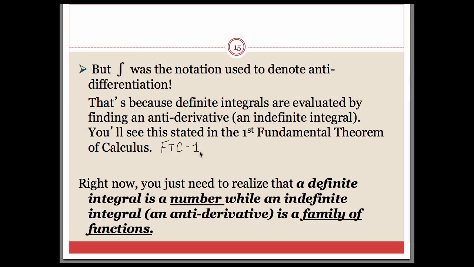If you're doing a true antiderivative, an indefinite integral, you're talking about that other interpretation we talked about then of working backwards and finding the equation of the original function from the derivative. It's a family of functions. So where we're going to go next then is to talk a little bit more about this connection between how to evaluate a definite integral and why it is we can evaluate a definite integral by using antiderivatives.